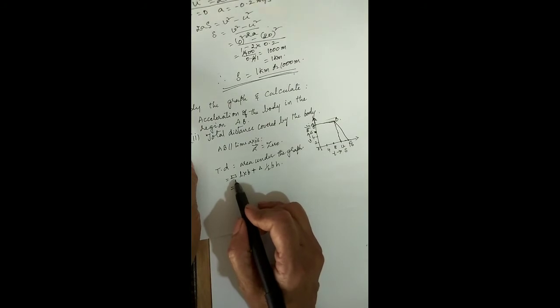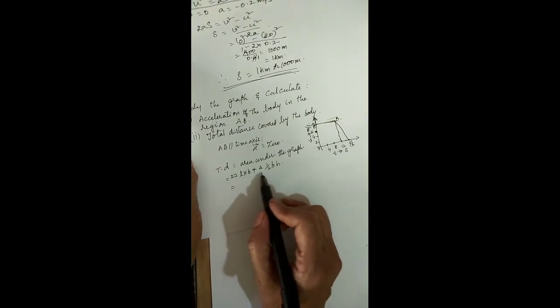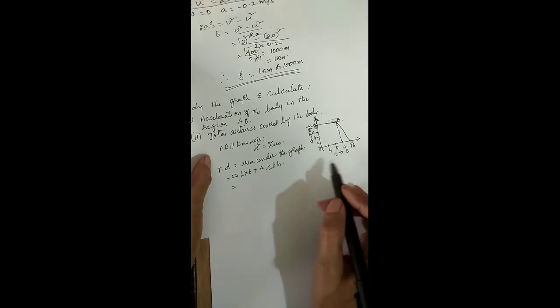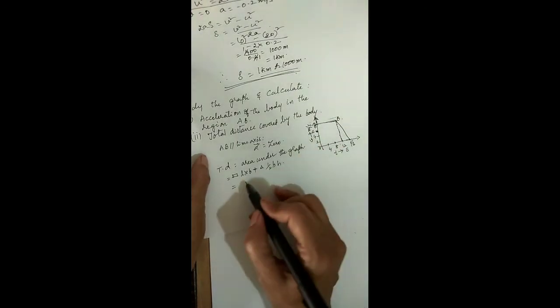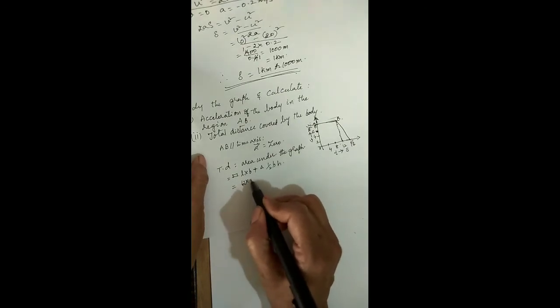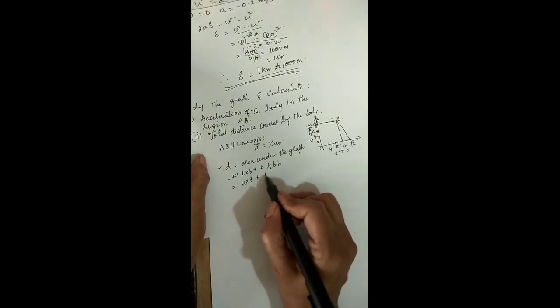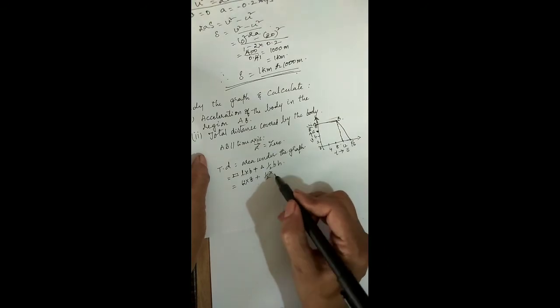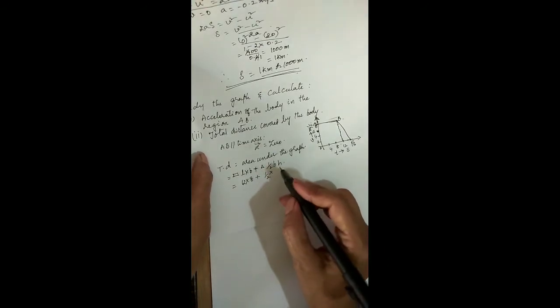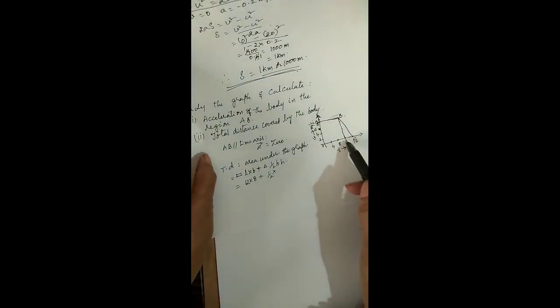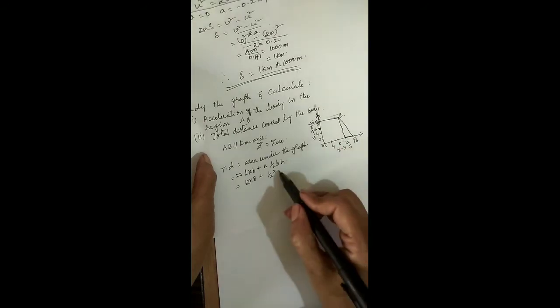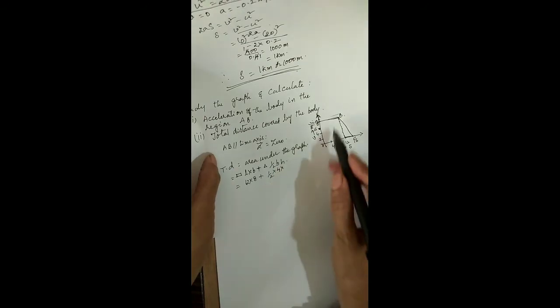Rectangle area is L into B and triangle is half BH. Here the length is 12 and this is 8. So 12 into 8 plus half into the base. Half BH, half into 4. This is C, 16 minus 12, this is the base. 16 minus 12 is 4, into height. Height is 8.